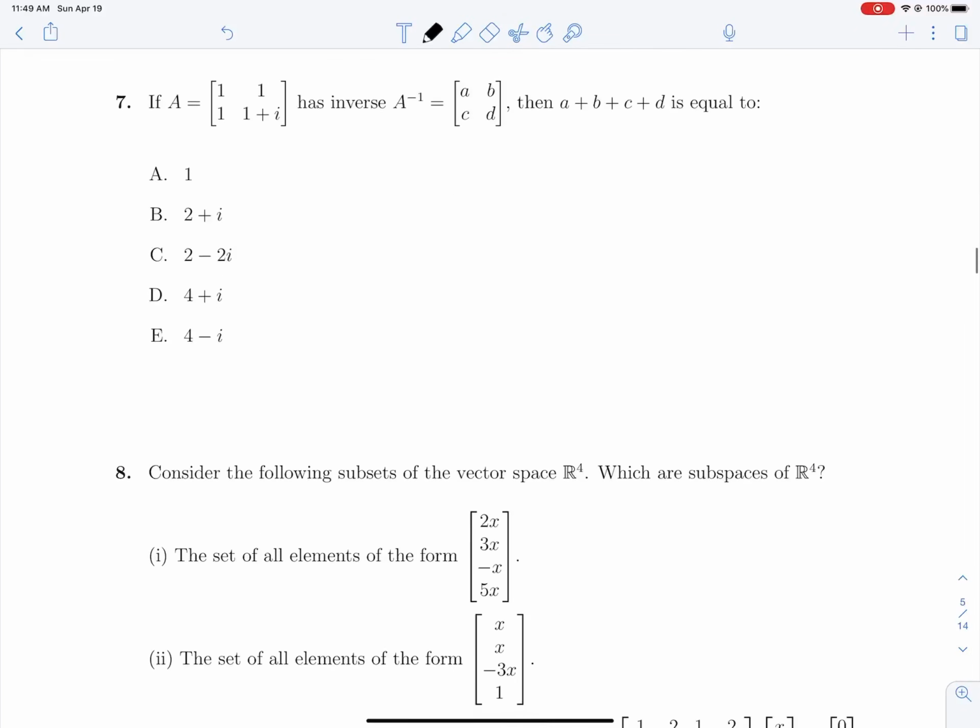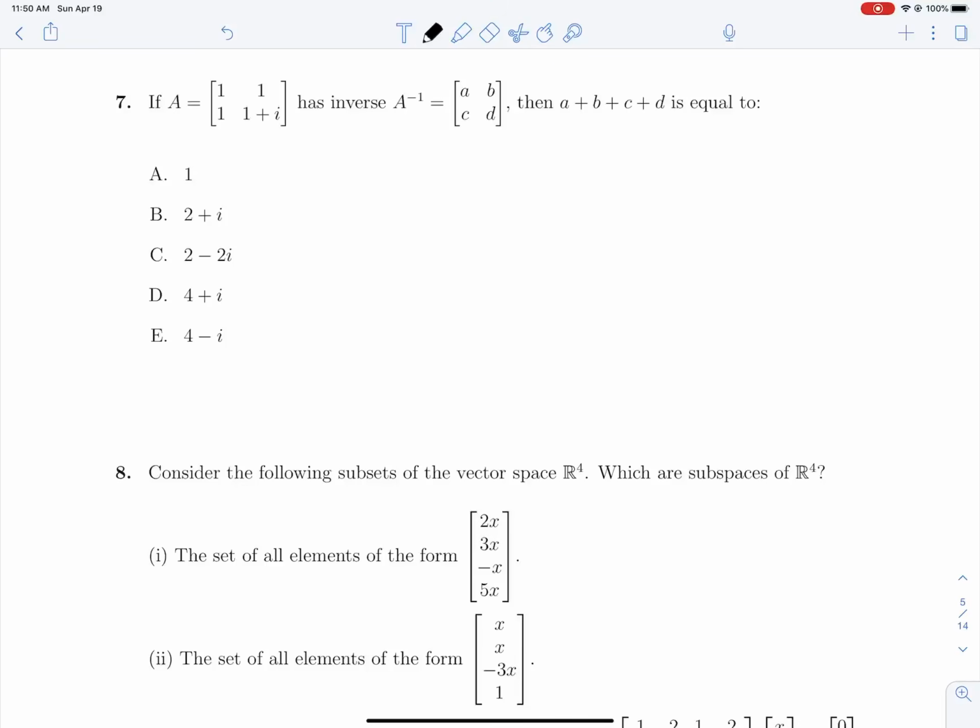There we go. 7. If A is this complex valued matrix here with an inverse with entries A, B, C, D, then what is the sum of A, B, C, D? We don't really have to care about fully writing out A inverse, but what we do have to know is how the signs of our different entries of A are going to change and what our determinant will be.